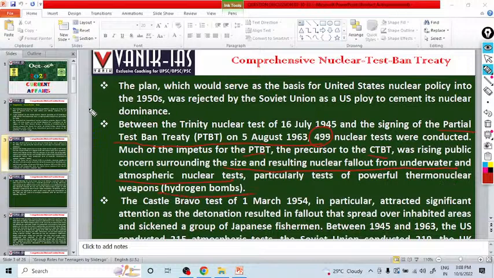Because from 1945 till 1963, within a span of 18 years, 499 tests were conducted, and many of the tests were thermonuclear tests.